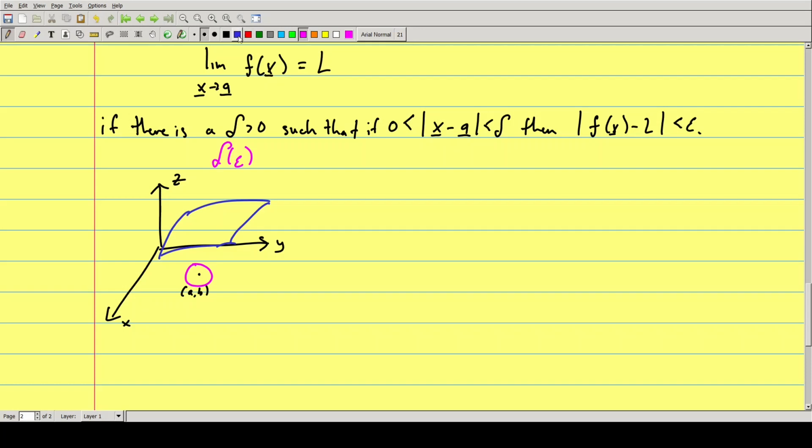And what I do is I specify some disk around that point, all of the points that are up to delta away from a. Since we're in 2 dimensions, it's a disk. If we were in 3 dimensions, it would be a sphere. And if we're in more than 3 dimensions, it would be a hypersphere, which is what we call spheres that have more dimensions.